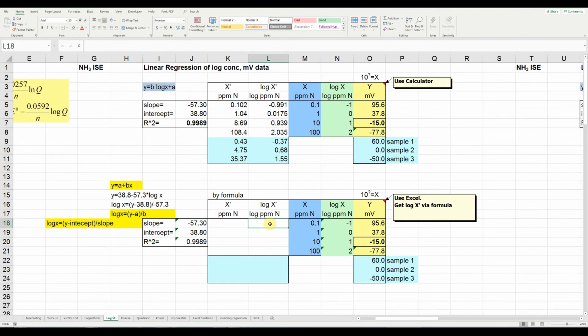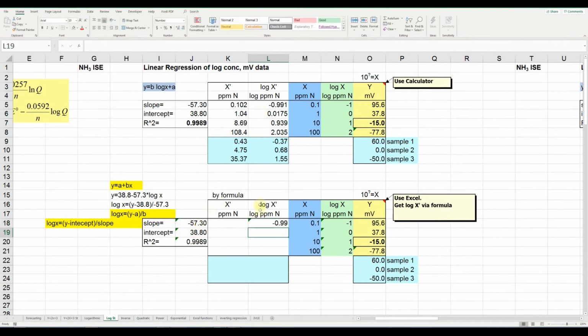All right, so now we can forecast log x prime by rearranging our regression equation. Log x prime is equal to bracket y minus the intercept here. Make sure you hit F4, absolute reference, close the brackets, divided by the slope, which is here, and F4 again, and enter.